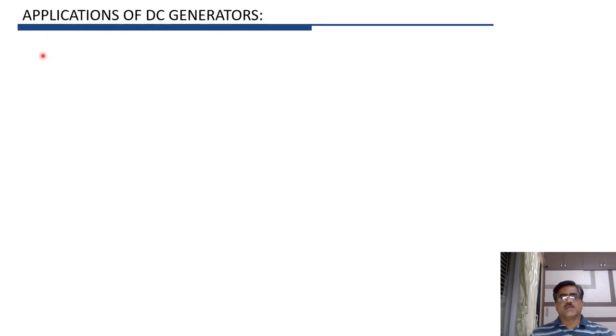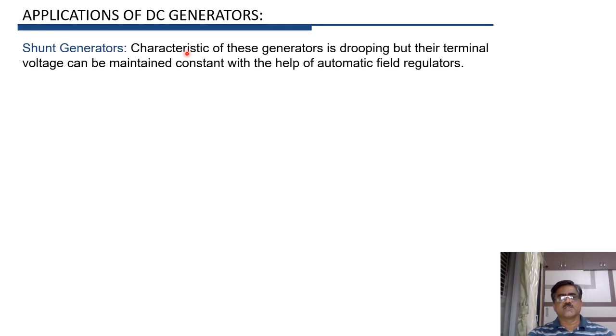Now we will see applications of DC generators. So actually at present DC generators are rarely used, and everywhere we use AC generators. But we will see the areas where these different types of DC generators can be utilized.